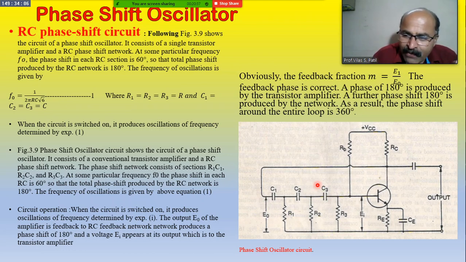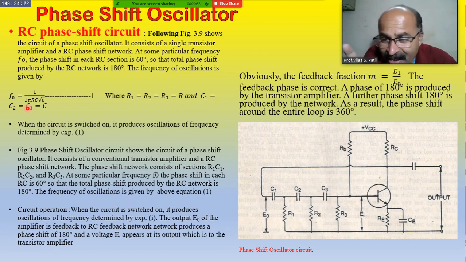The frequency f is equal to 1 upon 2 pi RC root 6. This formula is shown here: f = 1/(2πRC√6).